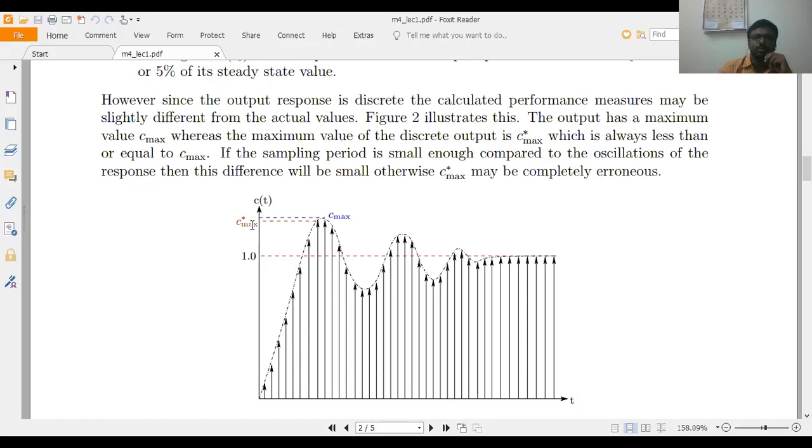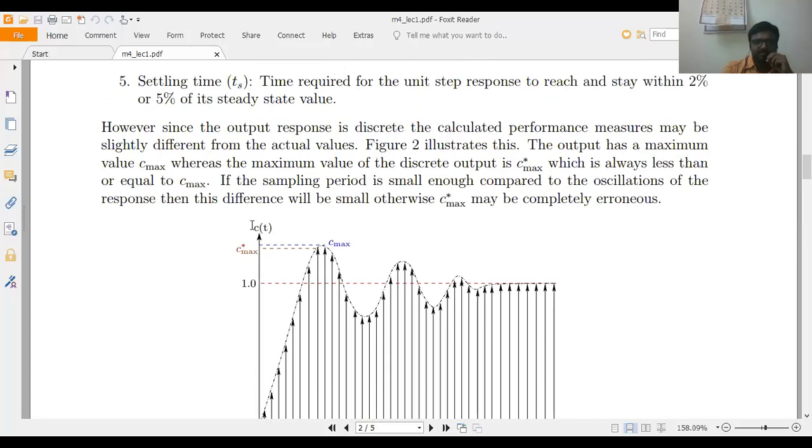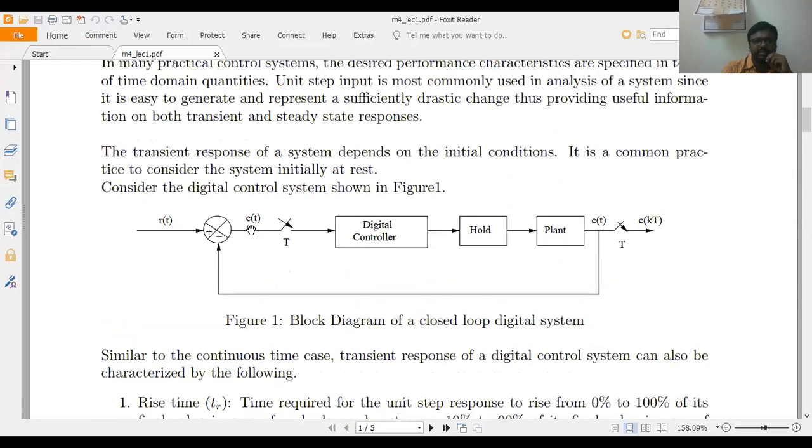So this is about the transient state responses and specifications. This is the first topic we have discussed.